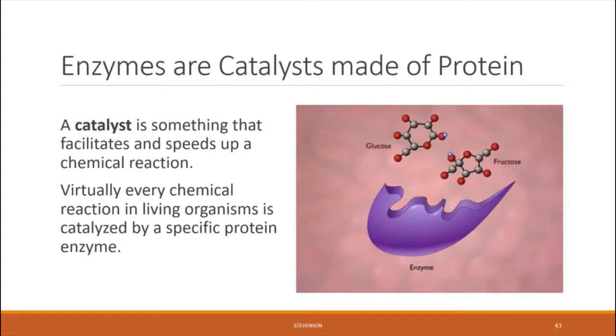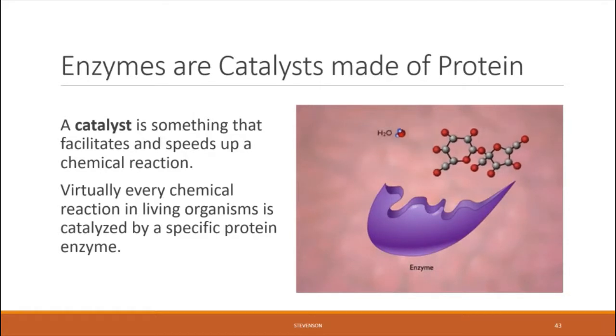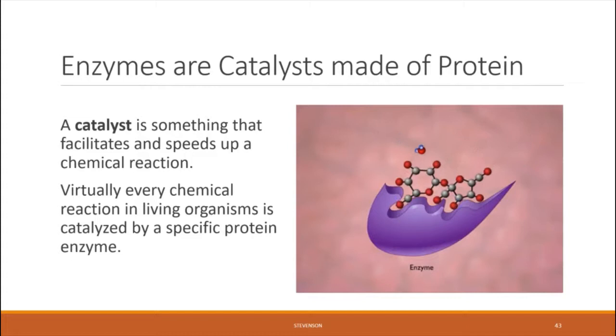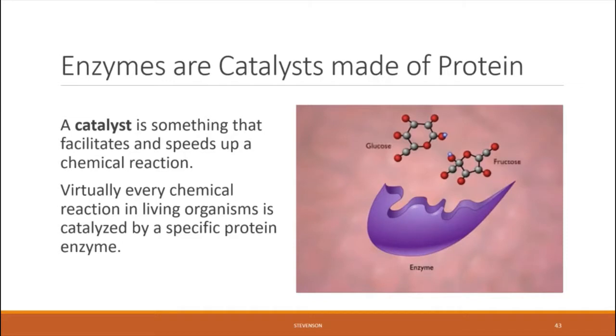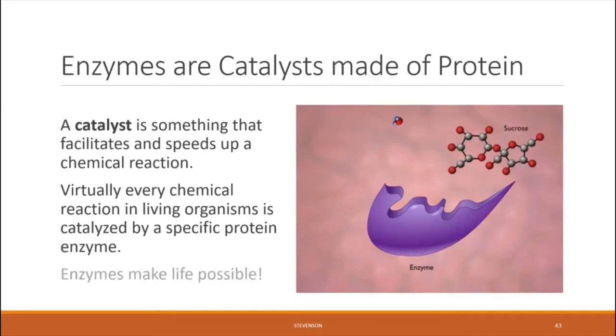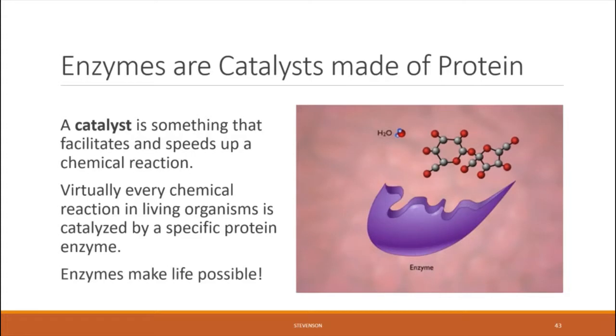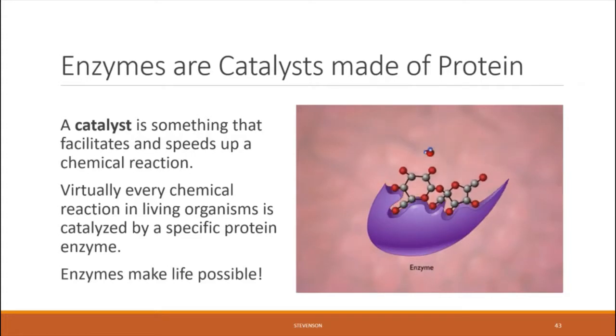However, without the help of an enzyme, it would take much, much longer for this chemical reaction to occur. With the help of enzymes, it can occur at a reasonable pace that allows a living organism to digest and survive. So enzymes make life possible by speeding up all of the reactions that are involved in keeping organisms alive.